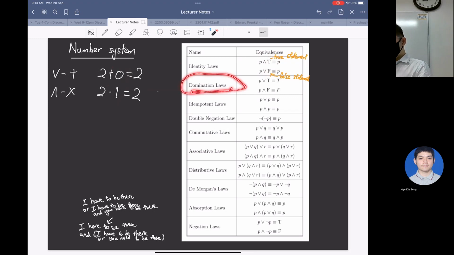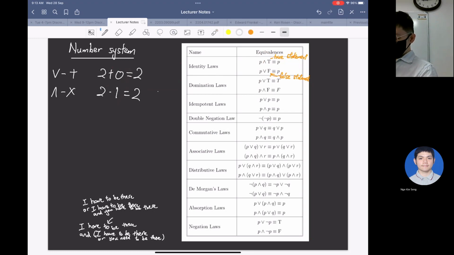So domination laws mean the true statement dominates over the other statement. Then you should notice this OR and AND, and all these signs here, logically equivalent. That means you can do the truth table and show that they are logically equivalent.